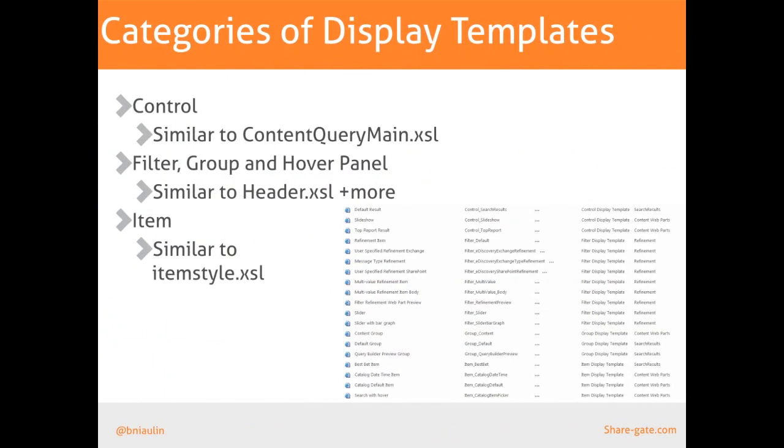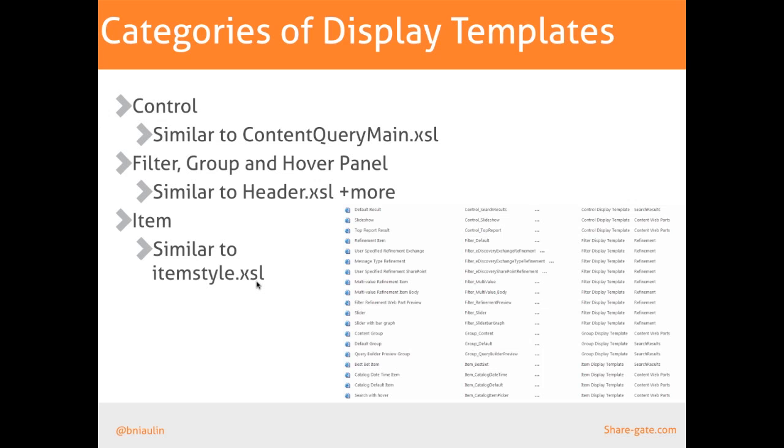So there's different types of display templates that you can build, right? There's control, which used to be called content query main if you built a lot of content query web parts. There's filter or groups and hover panels that were similar to the header.xsl that we had before. And of course, where we do most of our work, item.xsl or item display template, which used to be the item style.xsl.